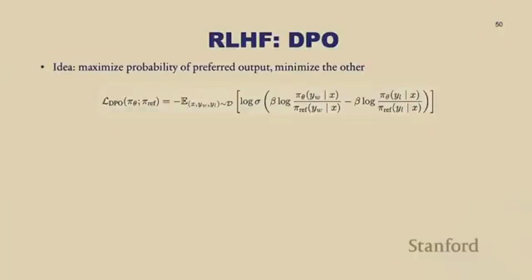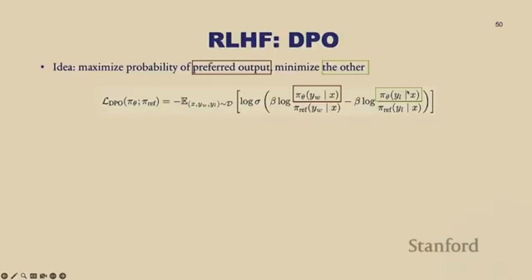So the loss is actually this one, where what you see is simply some log of the model. So this is the likelihood of the model generating the things that the human preferred given the inputs. And what you try to do is basically maximize the likelihood of generating the things that you like, minimize the likelihood of the things that you don't like.